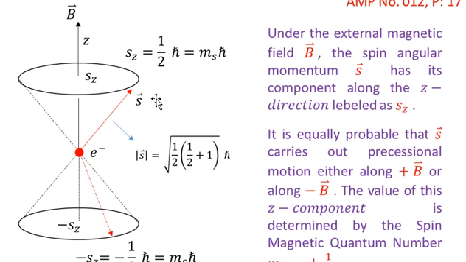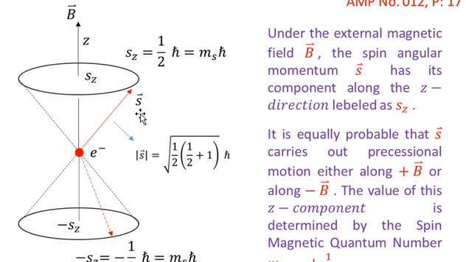In principle, S has three components, Sx, Sy, and Sz. The Sx and Sy components are averaged out during the precessional motion of the vector S about the magnetic field. These two components will be averaged out and cannot be measured. The only component that can be measured experimentally is the Sz component of the spin angular momentum. So that's why I have shown only that component.